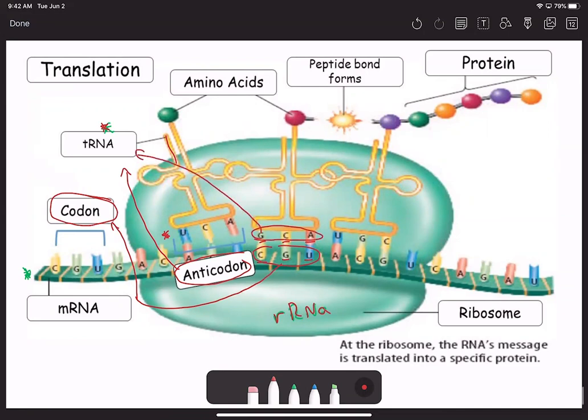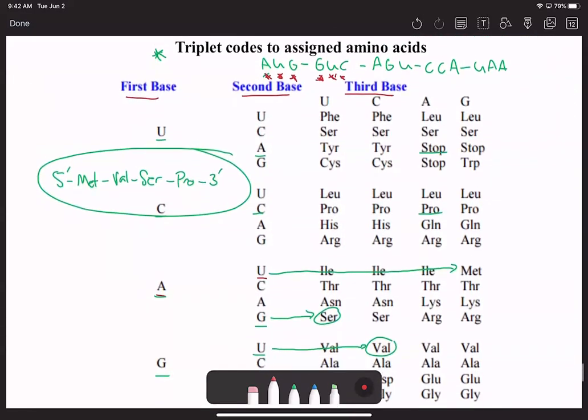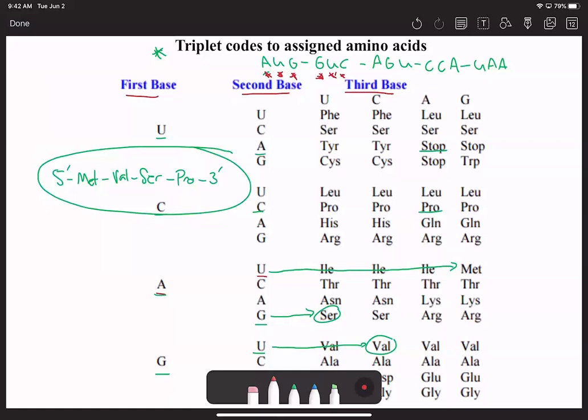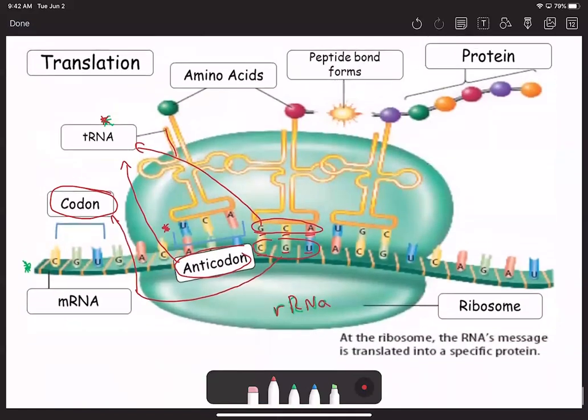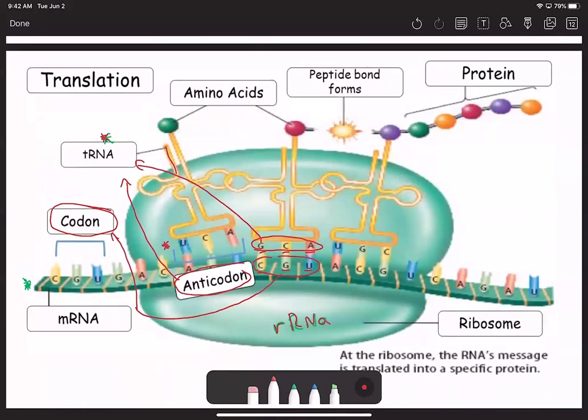The anticodon cannot be used here. These are for codons. Do not try to use the anticodon here. The anticodon is on the transfer RNA, and the transfer RNA brings a specific amino acid.